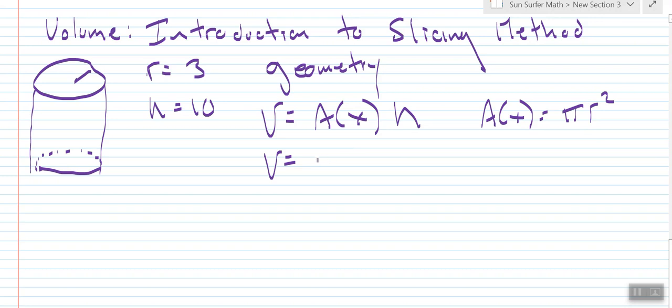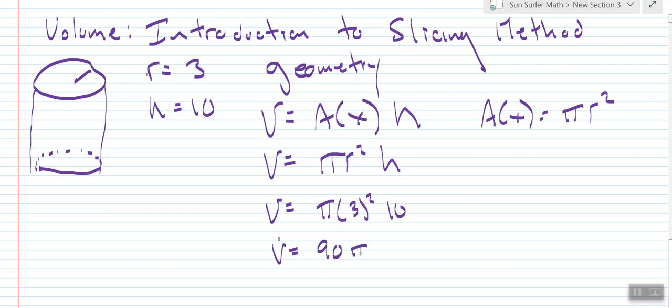So the volume would be pi r squared times h. And that's just the basic geometry formula that we know from our educational past. And so plugging in the numbers, we have pi times 3 squared times 10. So the volume is equal to 90 pi.